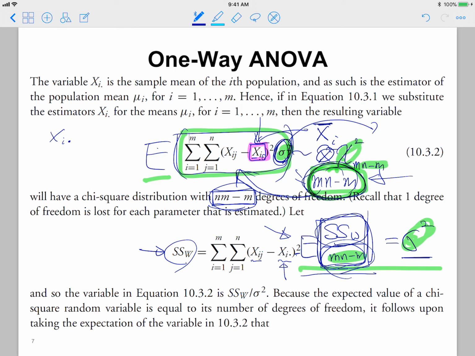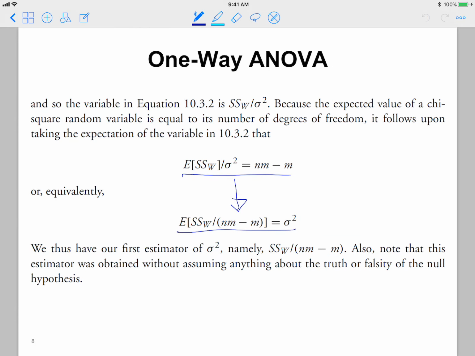From that we obtain the estimator for our sigma squared. And in this case, because we assume that each group has its own mean value, and we used their own different sample means, this estimator is valid regardless of whether H naught, the null hypothesis, is true or not.